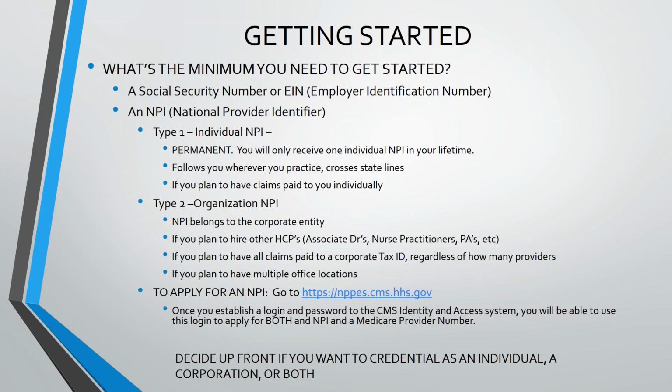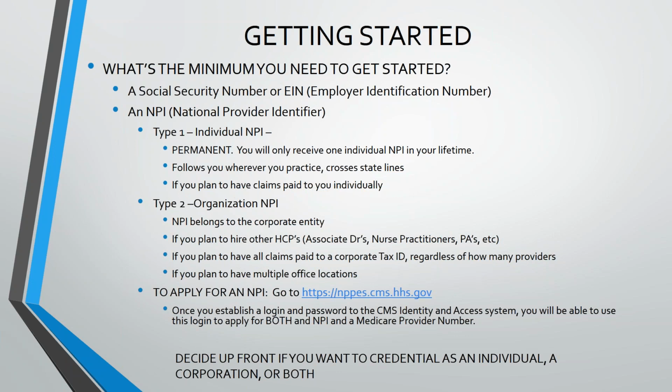Establish a login, and typically what you'll do is establish a login and a password to an entity called the CMS Identity and Access System. So if you just go to Google and do a search for CMS Identity and Access, it will take you to a website that will allow you to establish a login and a password. That will get you into both the database to apply for an NPI and the database to apply for a Medicare number.